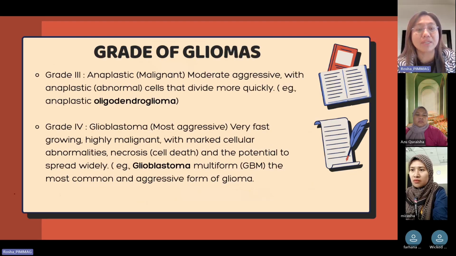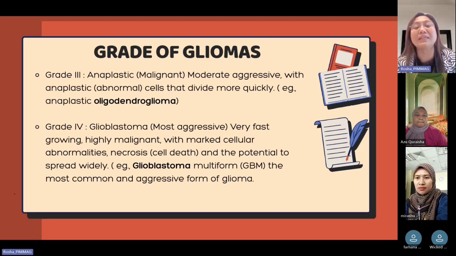While grade 3 is anaplastic. It is categorized as malignant, moderately aggressive, with anaplastic abnormal cells that divide more quickly, for example anaplastic oligodendroglioma.